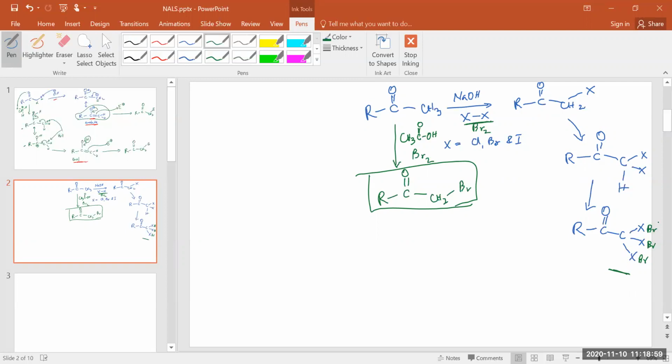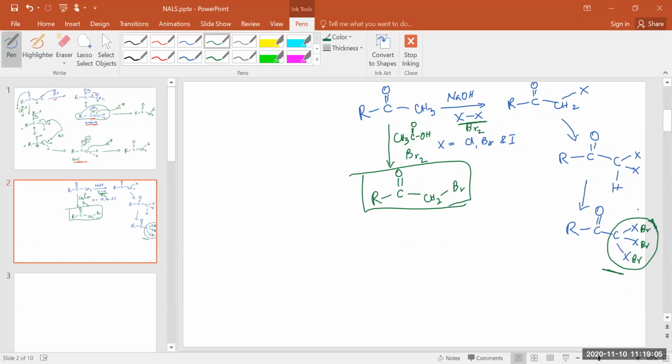Now you see these bromines, the halogens, are electronegative elements. When you have a lot of electronegative elements on a carbon, it becomes a leaving group. I will take a specific example of bromine. When it becomes a leaving group, this carbon becomes a very strong electrophile. So under basic condition, let's say OH minus plus this, the OH minus will react in a nucleophilic addition reaction.